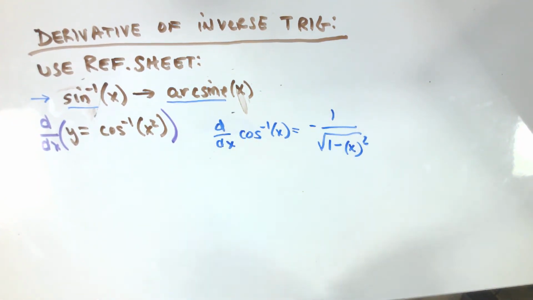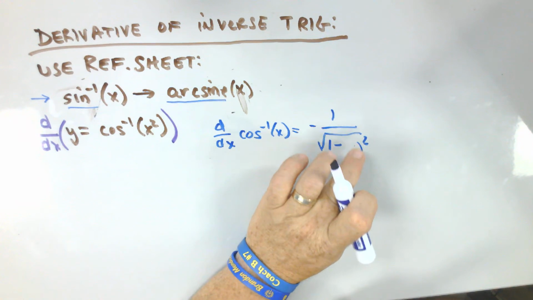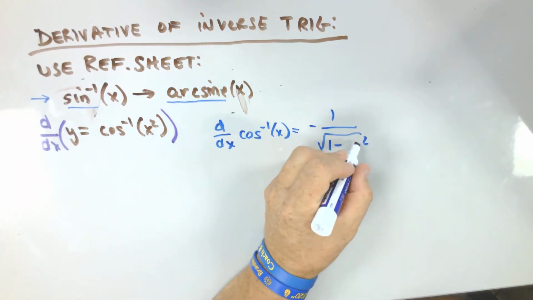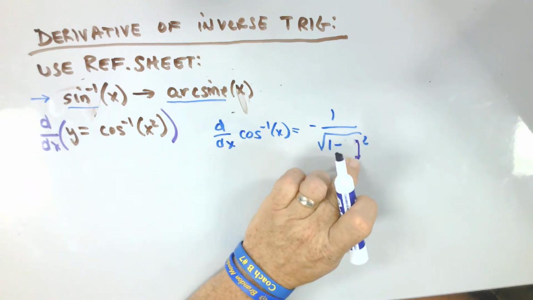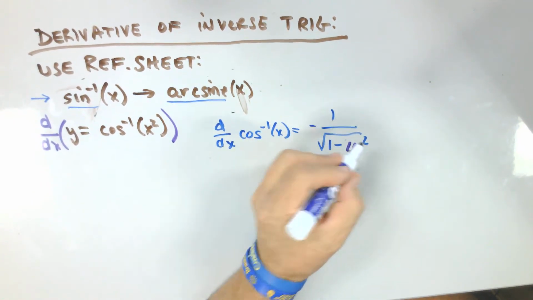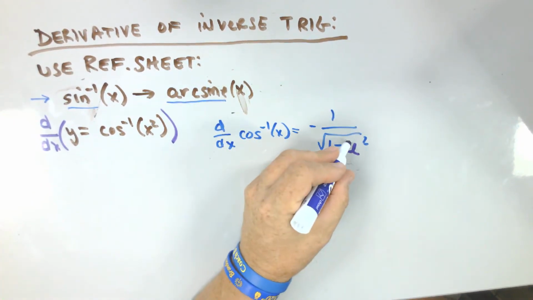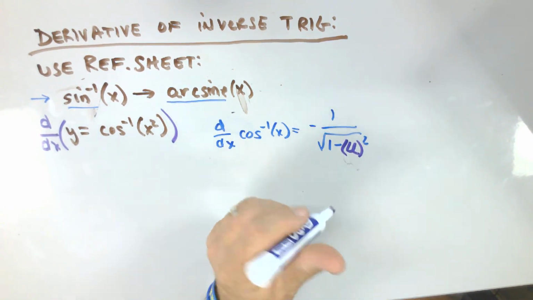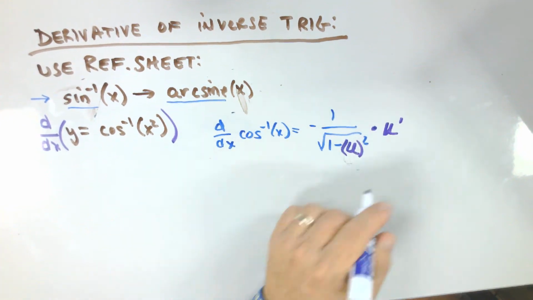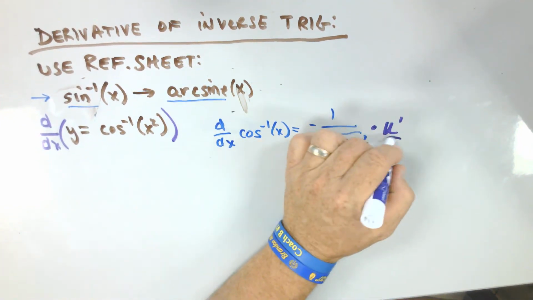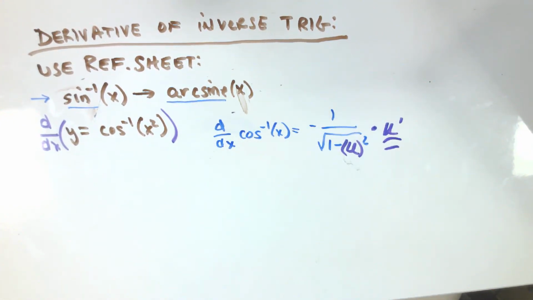And on your worksheet on the top, we give you the box as one way to use it. Some other ways you'll see it is u, and then always you have to do times u prime or the box prime. So we're always multiplying by that derivative of the inside.